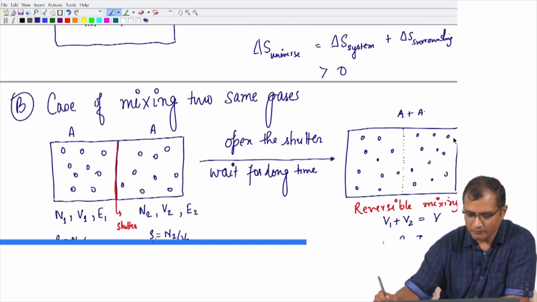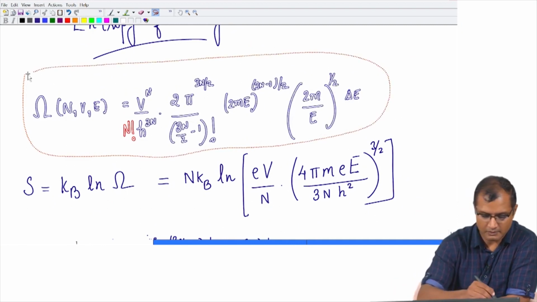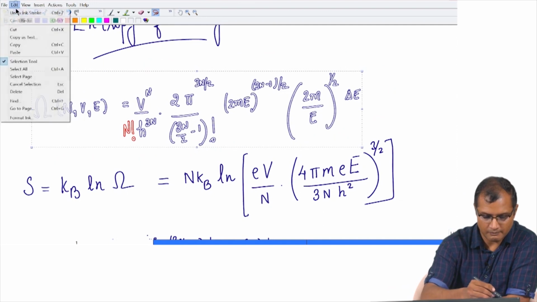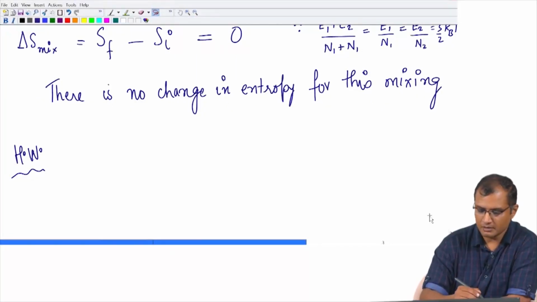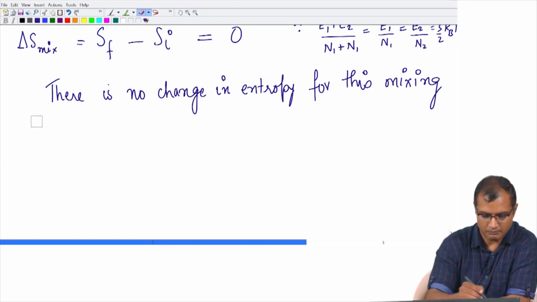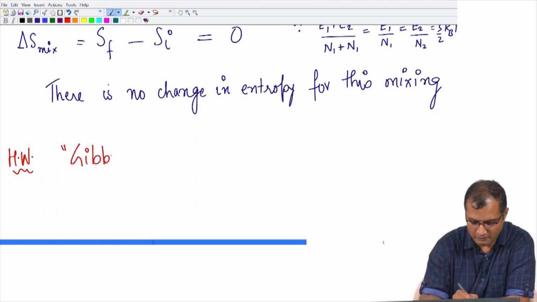So, if you take the, let me copy this expression. So, the problem is in Gibbs paradox.